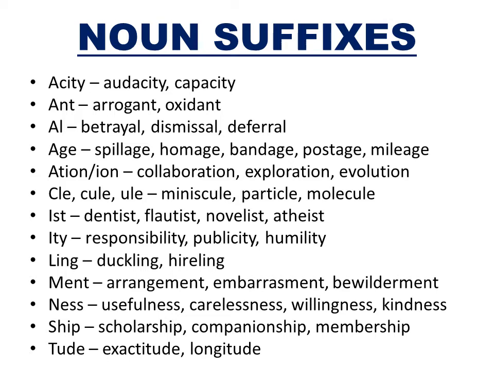I've put the words in front of them as well. So they totally give a new word. They make a new word. They give a new meaning. That is why they are added to the root word, and then they make a new form. These words are simply added at the end of any word. These are the noun suffixes, which are added to nouns and give them a new meaning.